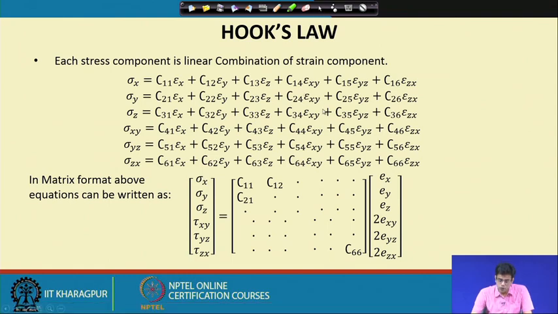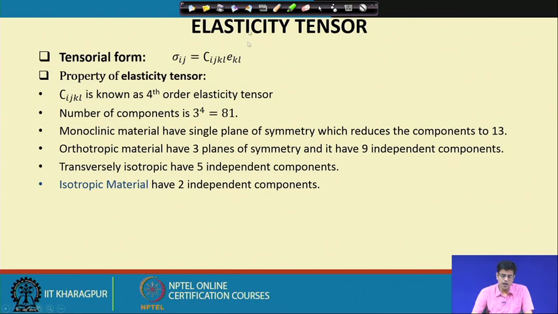In tensorial form we can write sigma ij, and in compact tensorial form we can write it as sigma equals C double colon epsilon.